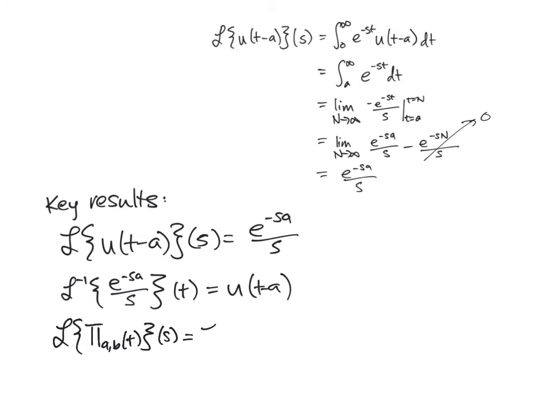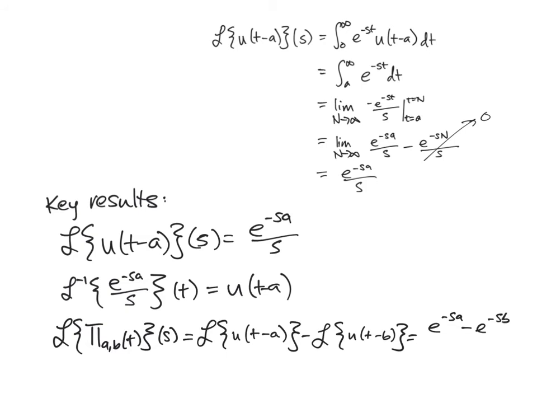This is the Laplace transform of u of t minus a minus u of t minus b, and we can use linearity to break this up. This is equal to the difference, e to the negative sa minus e to the negative sb, all over s.